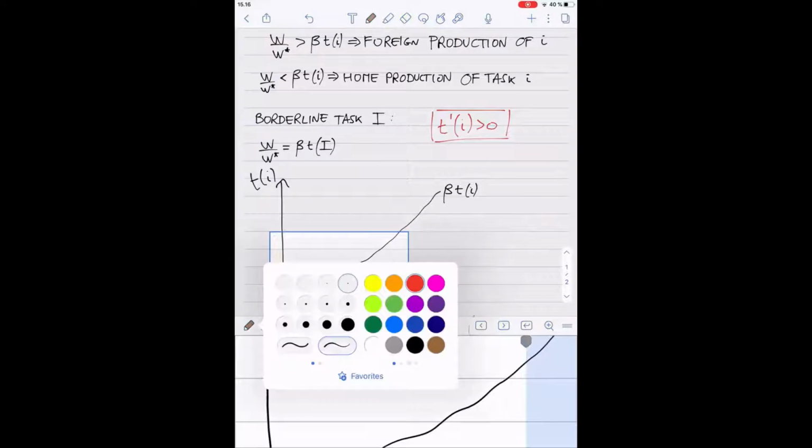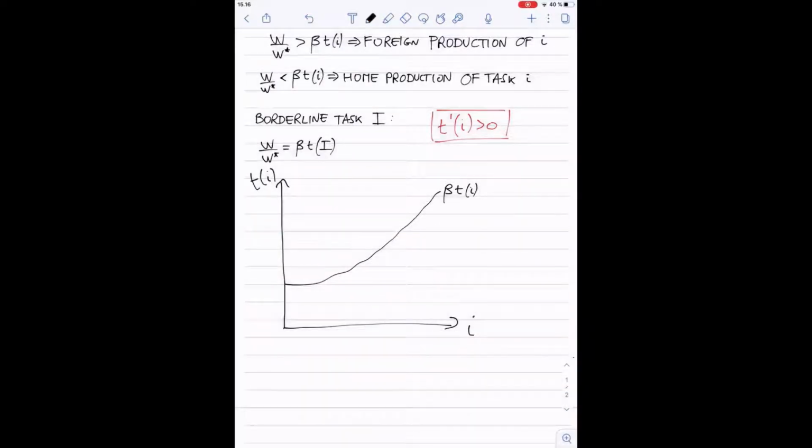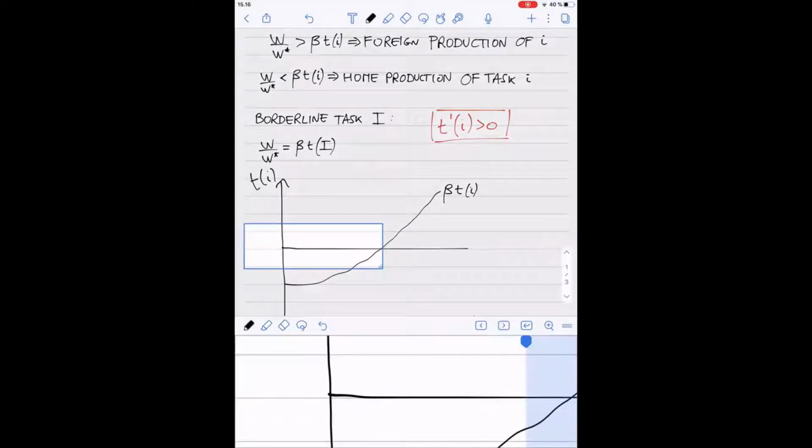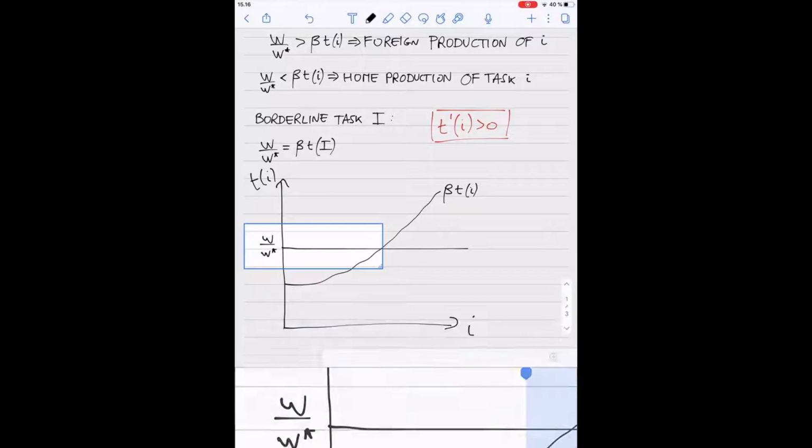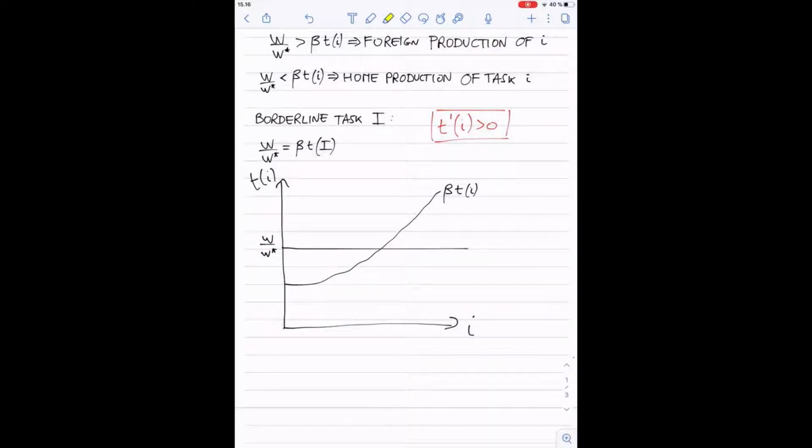All right, and so given that, we can also write a straight horizontal line for the relative wage. And so what do we got? Well, what we have is a first part in which beta Ti is lower than the relative wages.